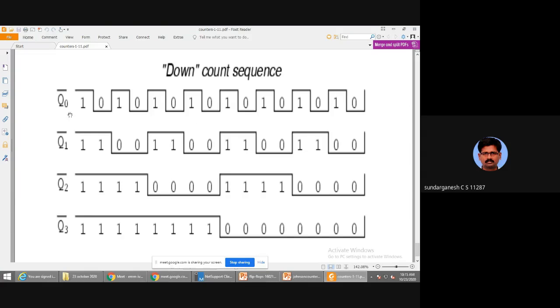A countdown counter means it will start from 15 and slowly reach 0. So in the binary down counter, the initial output is 1, 1, 1, 1. For this you have to take the complement output. In the same circuit, you take the output from Q0 bar, Q1 bar, Q2 bar, and Q3 bar.